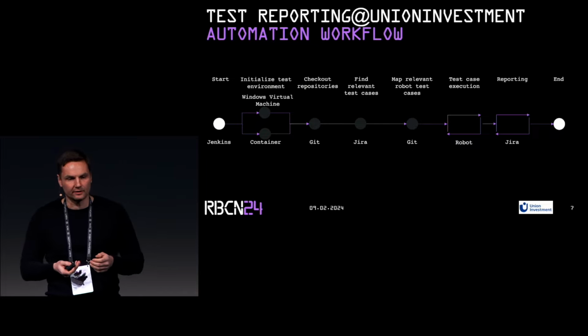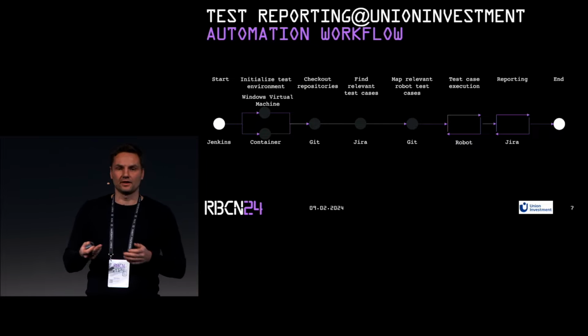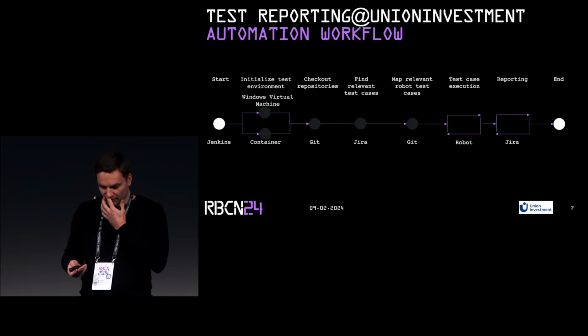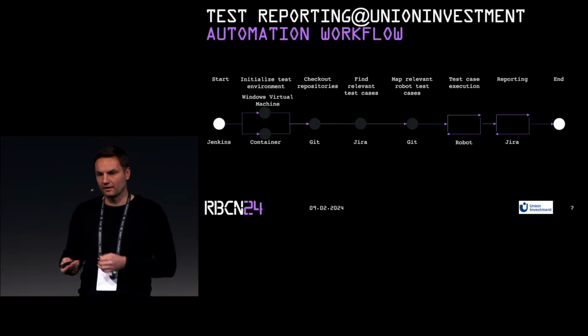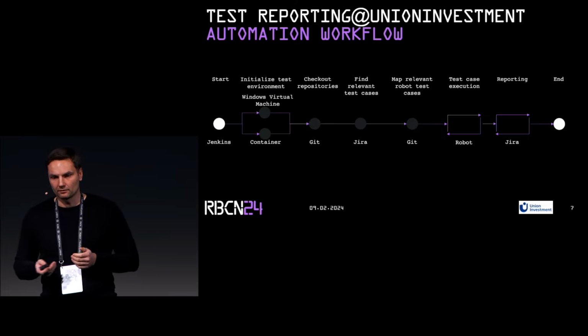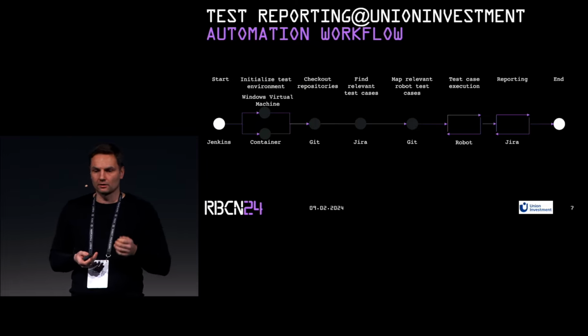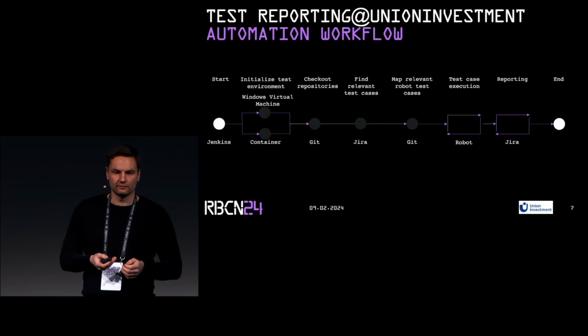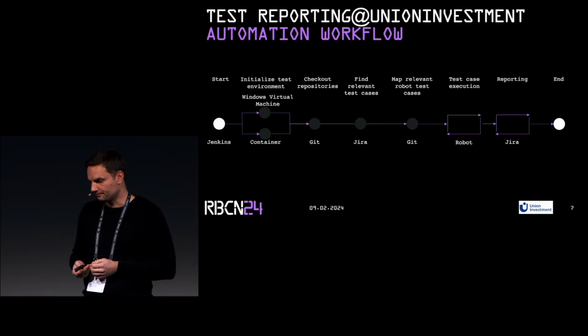Using a pre-run modifier, we're looking at which test cases are relevant for our run. So using the parameters from Jenkins or even environment variables, we're creating a query, looking for the tests, and then with the same pre-run modifier, we're looking at which test cases in robot files are relevant.